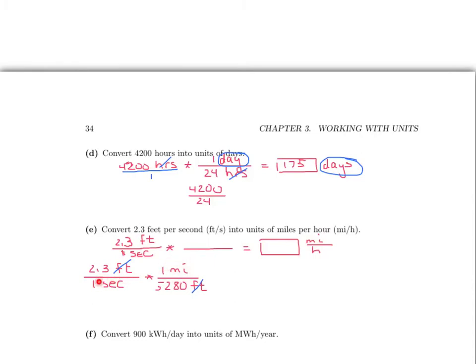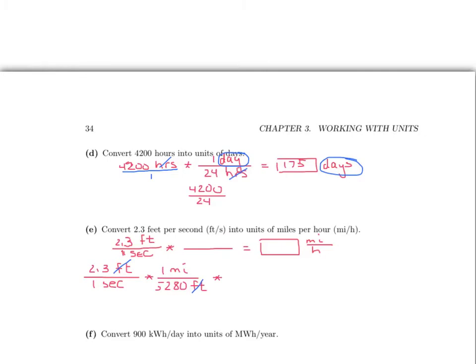Now we need to figure out how to convert from seconds to hours. So we're going to multiply by yet another conversion factor. Most of us maybe don't know how many seconds there are in an hour, but we do know how many seconds there are in a minute. So let's start with that conversion factor.